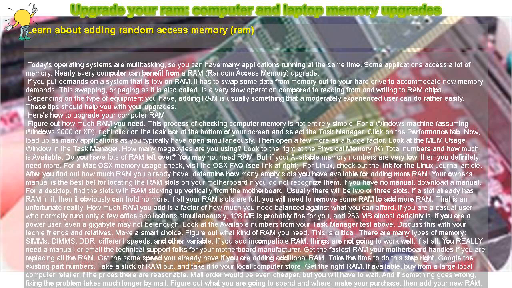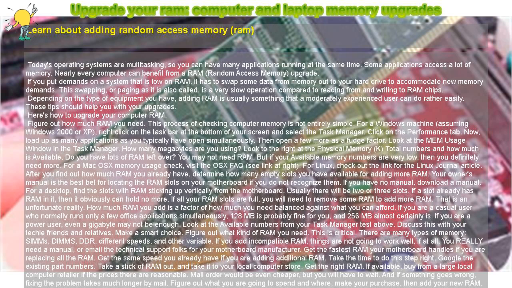If you are a power user, even a gigabyte may not be enough. Look at the available numbers from your Task Manager test above. Discuss this with your techie friends and relatives. Make a smart choice.